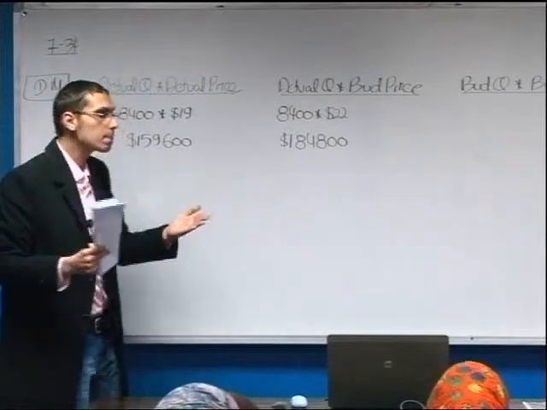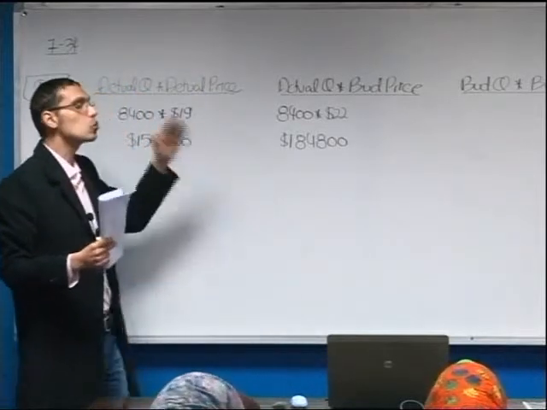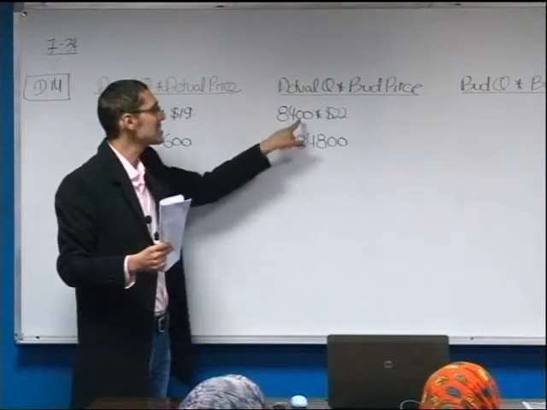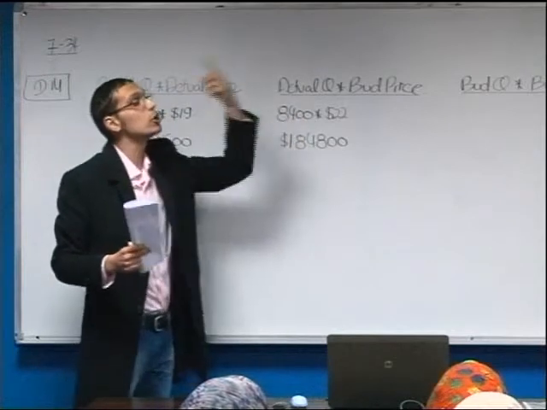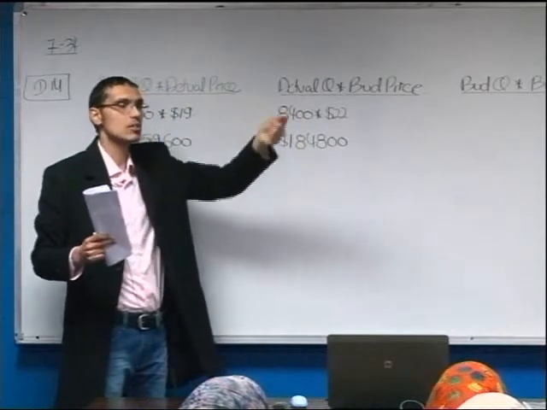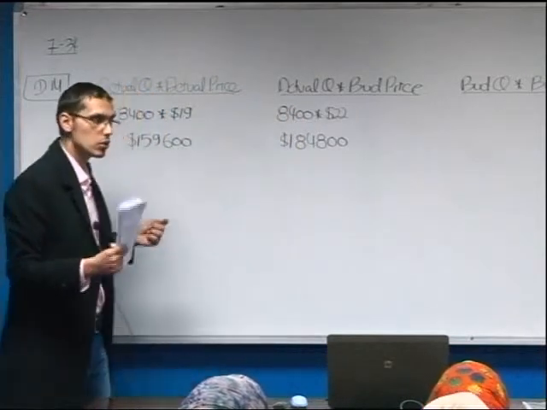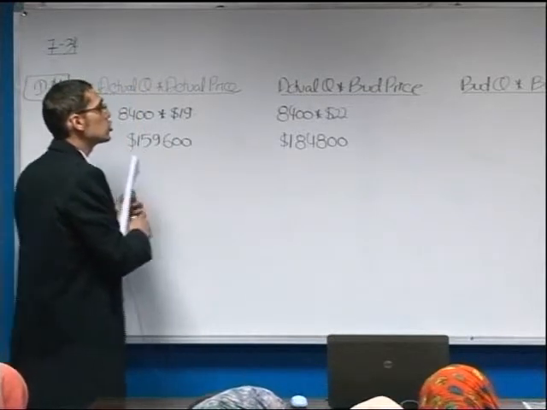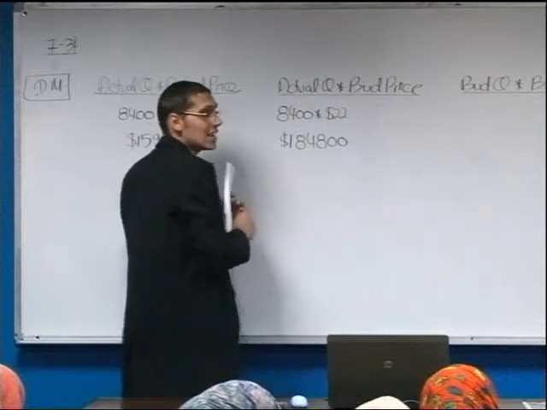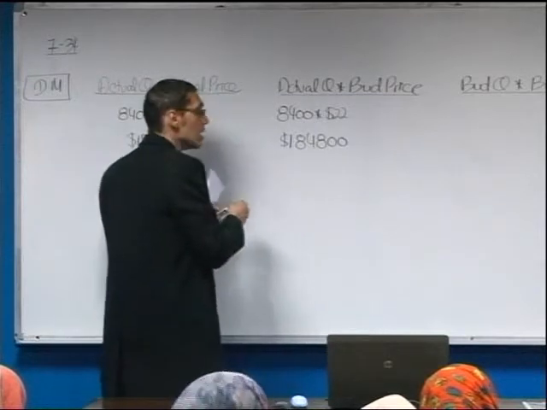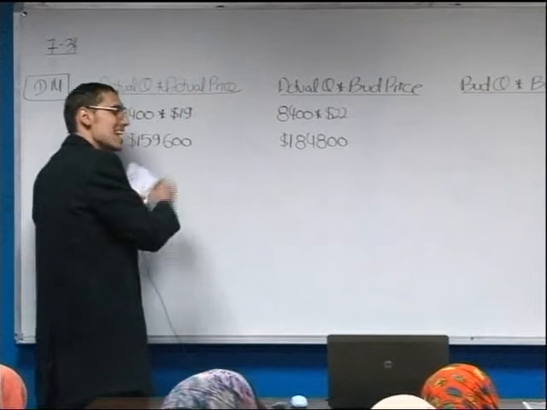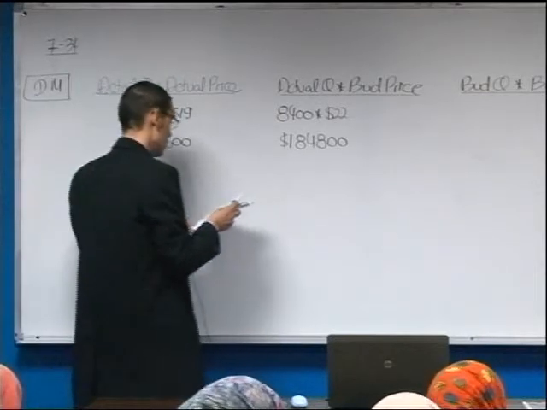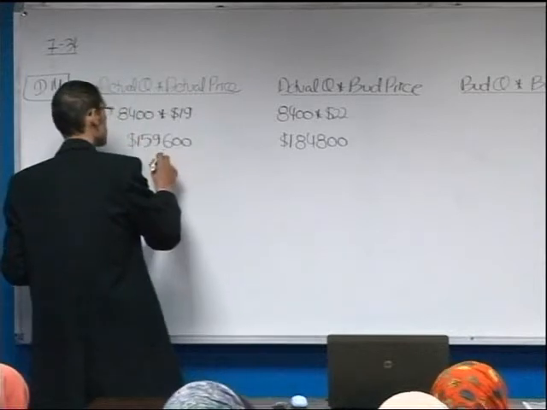That's why we considered the actual quantity here in order to calculate the price variance as the actual quantity that was purchased, not the actual quantity that was used within the manufacturing process. Therefore, the difference here between the two, of course, we should have incurred 184,800, but the actual cost was less. Therefore, we have a favorable variance by the amount of 25,200.